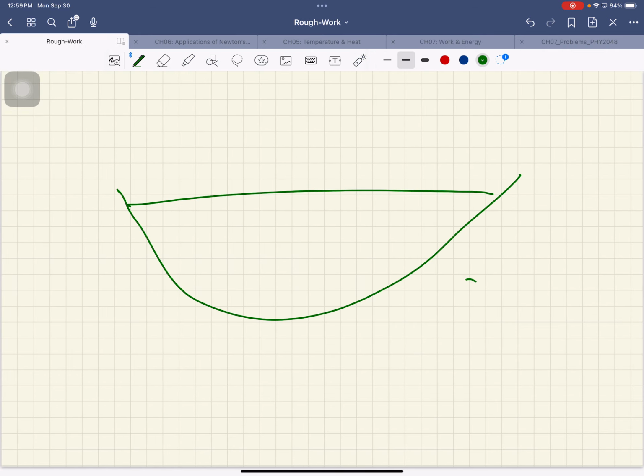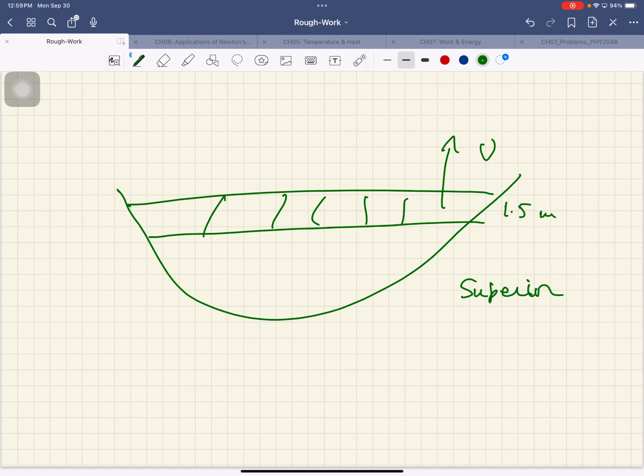You guys know about Lake Superior? It's one of those little lakes. And in the winter, it freezes over. A 1.5 meter layer of ice forms. 1.5 meters is roughly my height. And so you have to remove heat to freeze water.